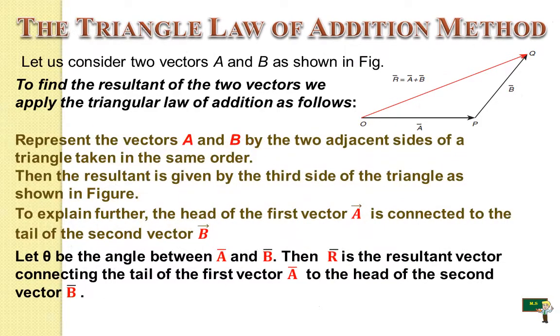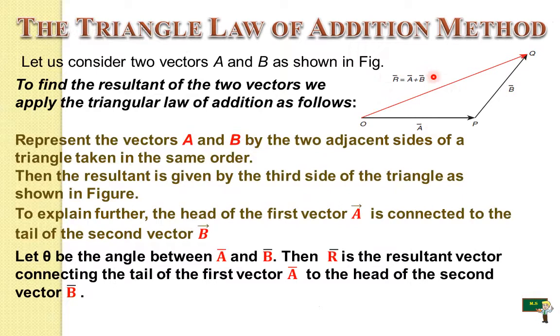Represent the vectors A and B as two adjacent sides of a triangle, taken in the same order. Then the resultant is given by the third side of the triangle as shown in the figure. Here R is the third side, and the resultant R vector is equal to A vector plus B vector.